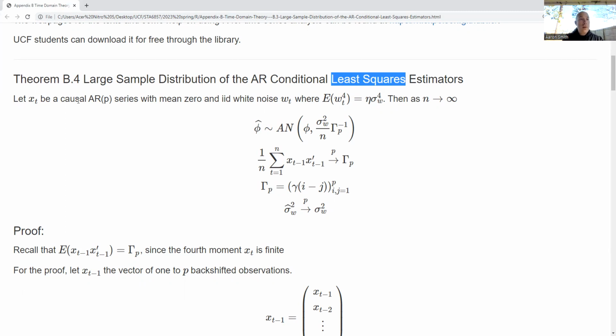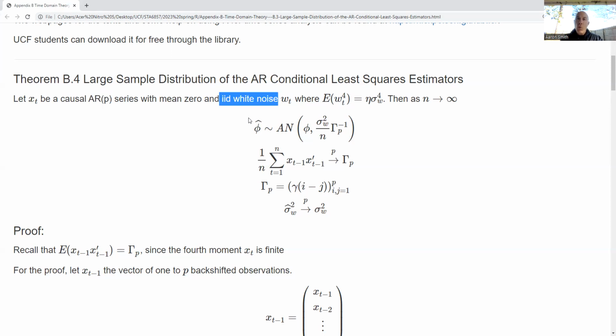Now, to make our life just a little bit easier while we work through the proof, we're going to say that we have mean zero IID white noise. Let's just think of it as independent, identically distributed Gaussian white noise, which is definitely a reasonable thing to think of in your mind.